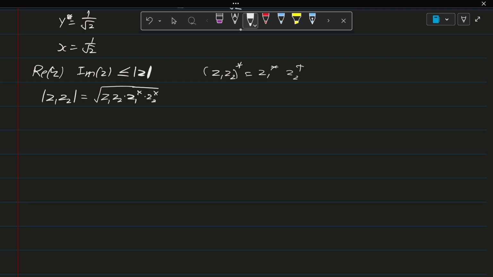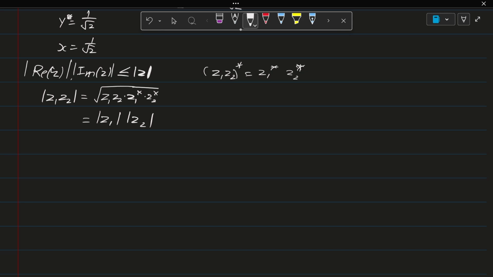You could prove this by taking x plus iy. And this will actually be the same thing as the magnitude of z1 times the magnitude of z2. So this is a property of complex numbers. Another property of the complex numbers is that if you take the length.